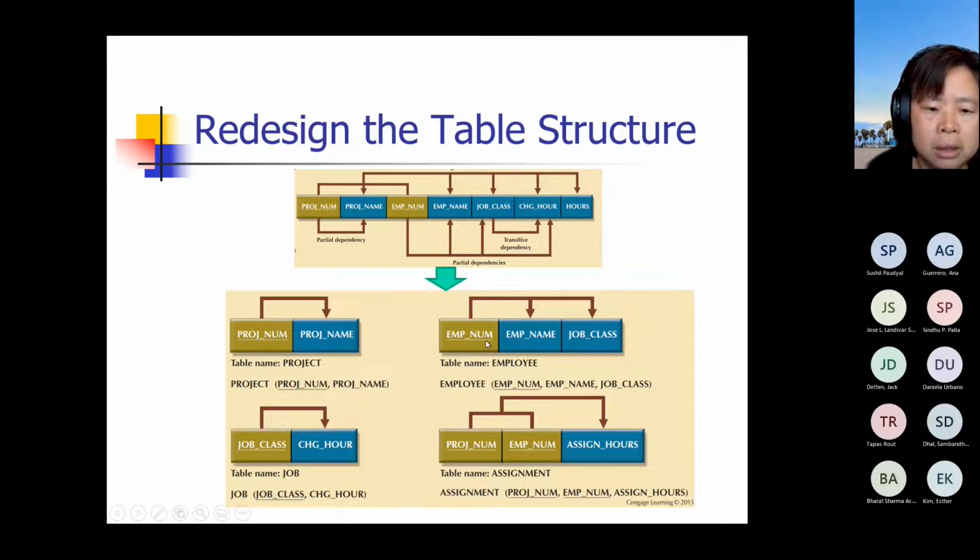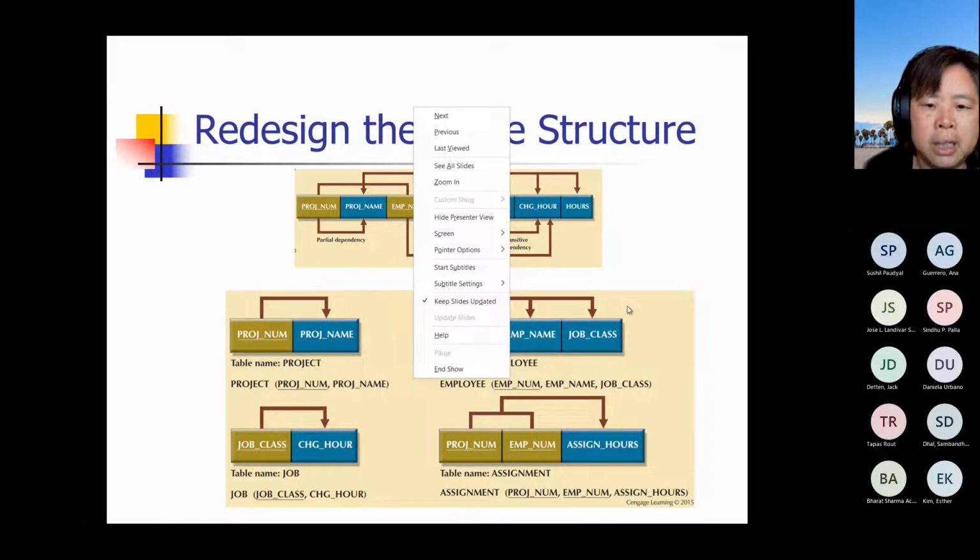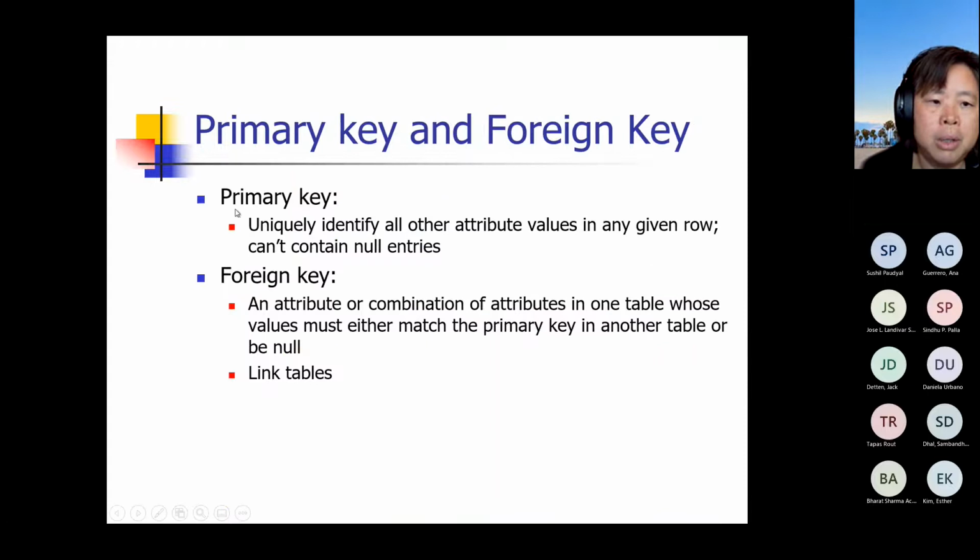And we link tables through the foreign key. So last time we talked about primary key, and the foreign key is also an important concept in relational database design. It's used to link tables together. Okay.